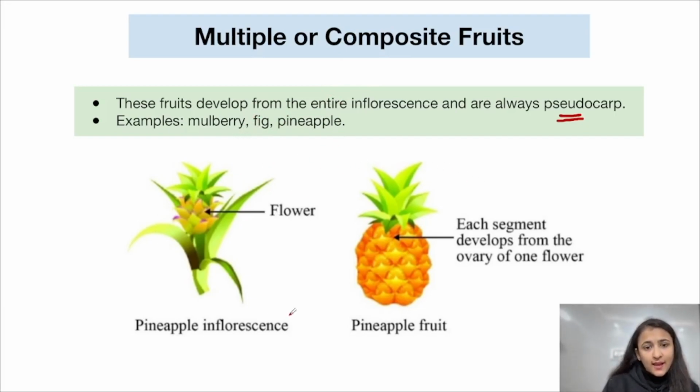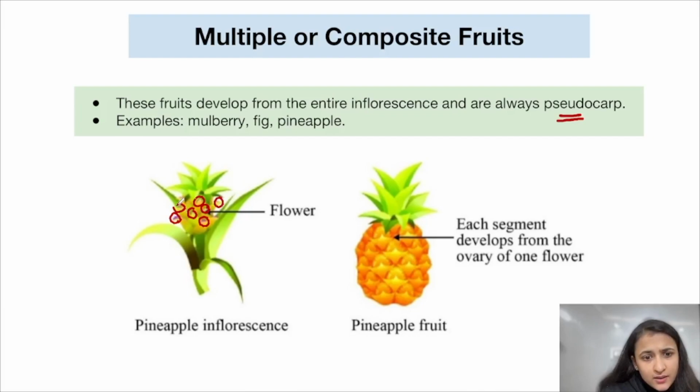In this diagram, pineapple fruit is given. This is the inflorescence of pineapple. An inflorescence is a collection of flowers. So here multiple flowers of pineapple are there. These purple colored structures represent the pineapple flowers, present in an inflorescence of pineapple.